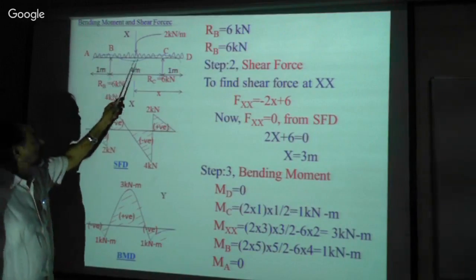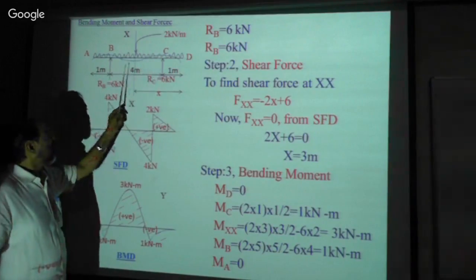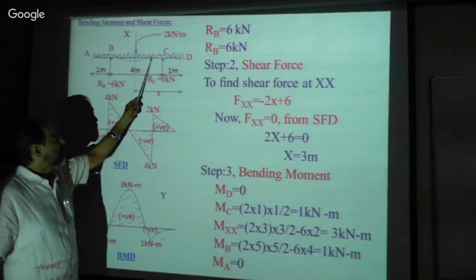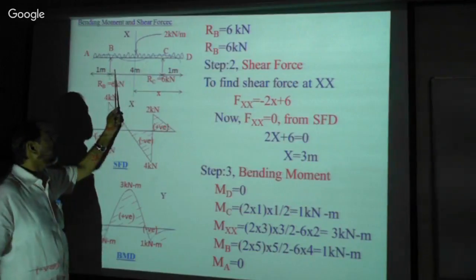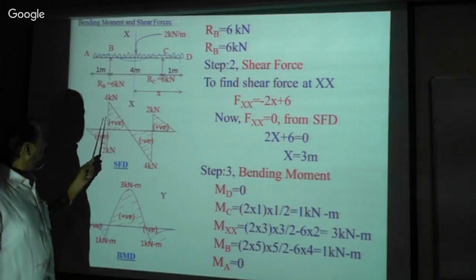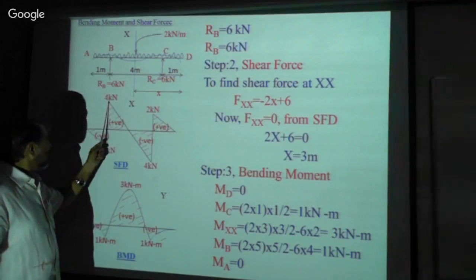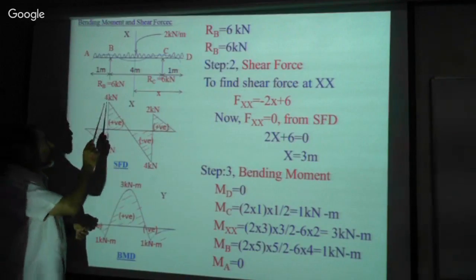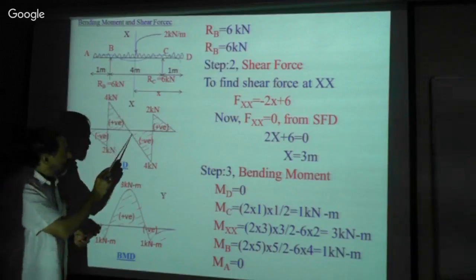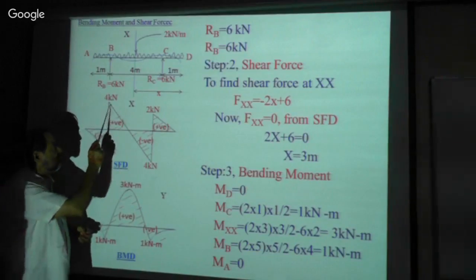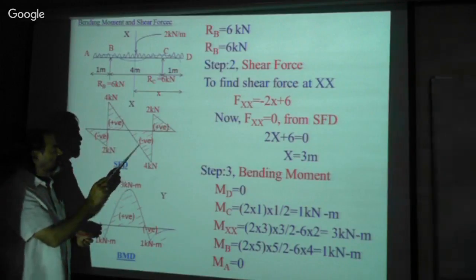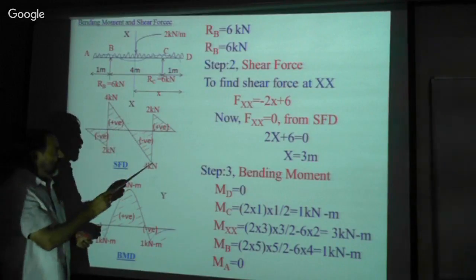Now, from here to here, that is 2 into 4, 8 kilonewton is acting downward. The load acting on this big portion is 8 kilonewton. Already we have gone up to 4 kilonewton, so let us come down by 8 kilonewton: 4 above and 4 below.